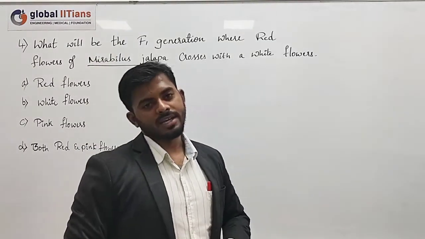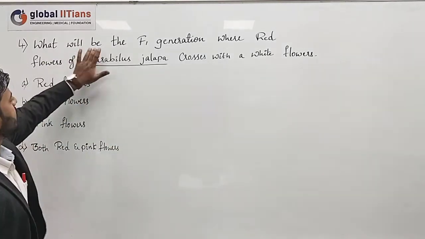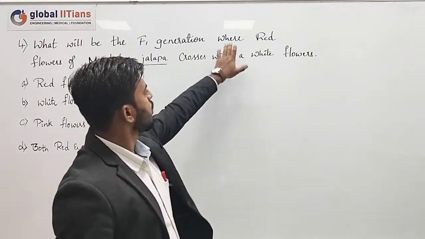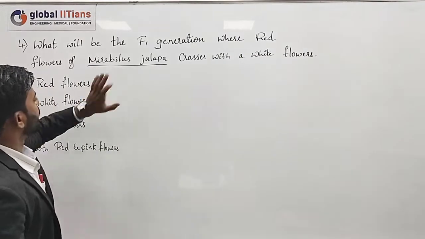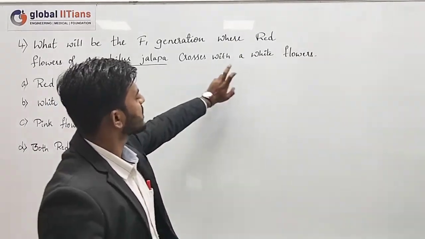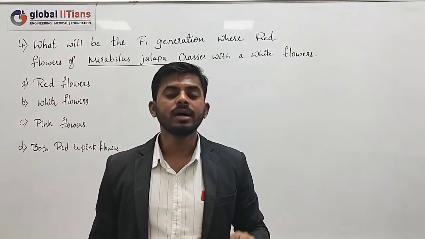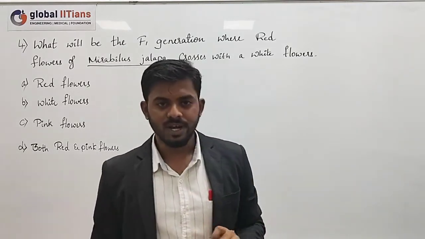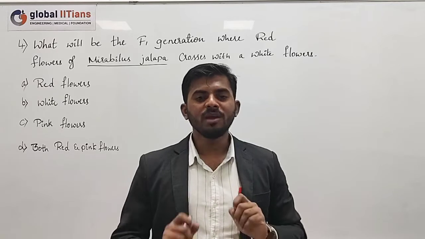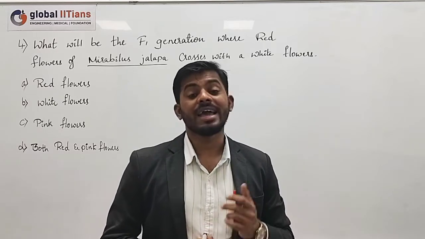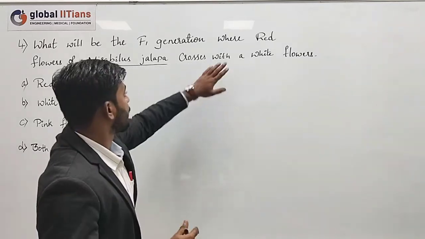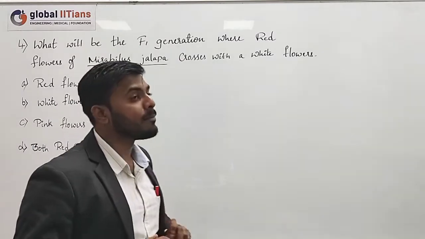Now here is a next question. What will be the F1 generation where the red flowers of Mirabilis jalapa cross with the white flower? So here we have to make a cross between the red flowers and the white flowers. Okay. Now guys, very important thing we all have to know here, the example they have given, that is flowers of Mirabilis jalapa. Okay.